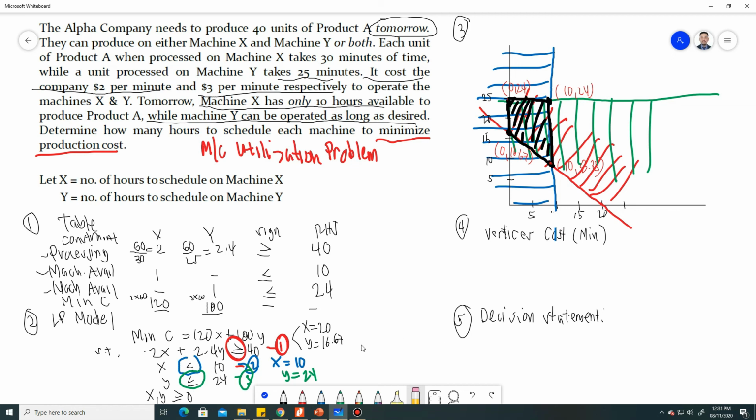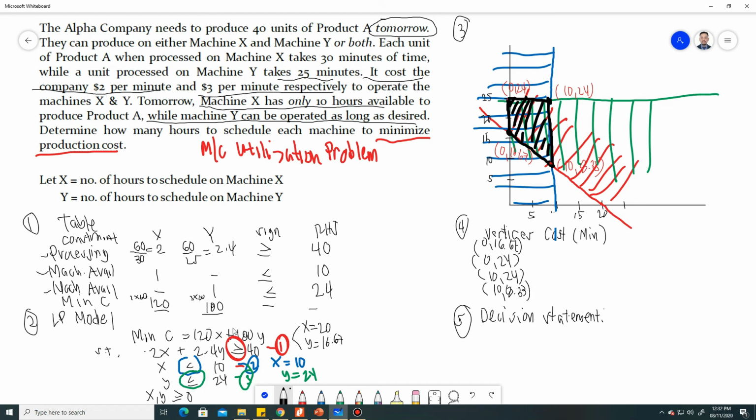Now, we'll solve for the costs. So, we have the four vertices. We have 0 and 16.67, and then we have 0 and 24, and 10 and 24, and 10 and 8.33.